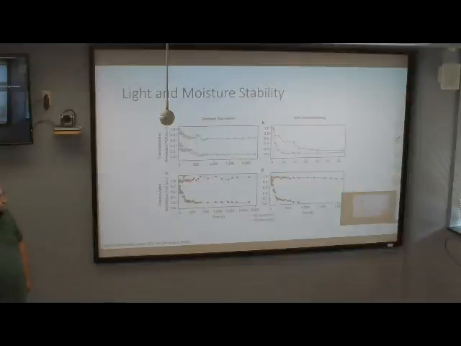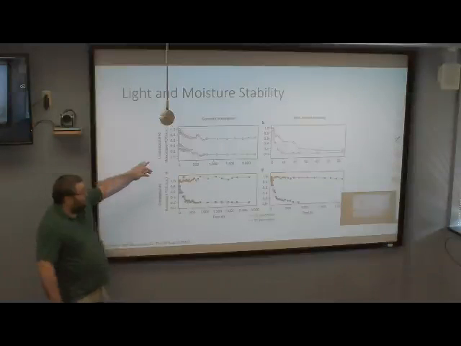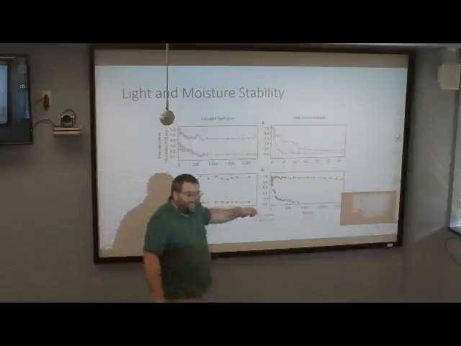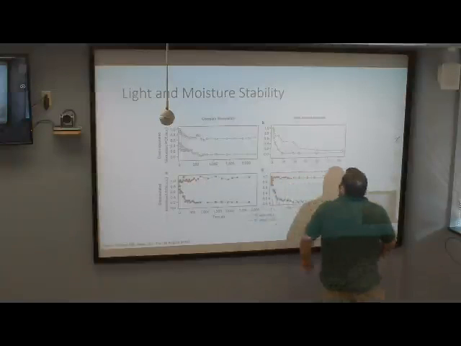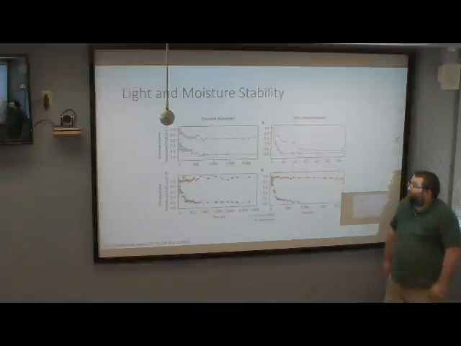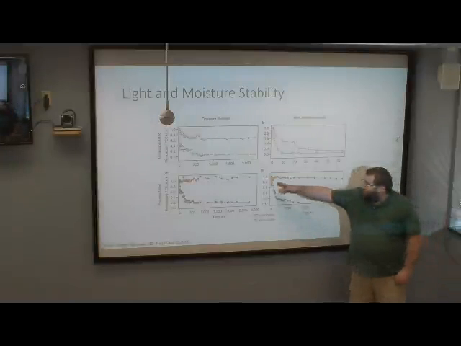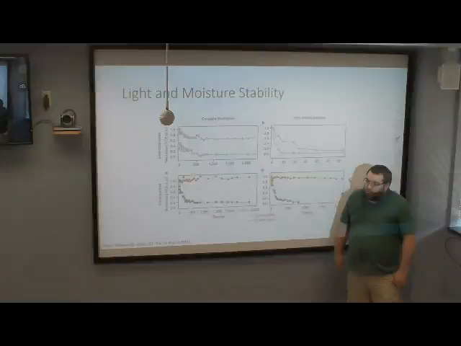And this one compares the 2D with the 3D, so the red lines are 2D and the blue lines are 3D. It's looking at both light, which is the two on the left, where the two on the right are looking at humidity. So we see in all cases that 3D drops off quicker than the 2D.